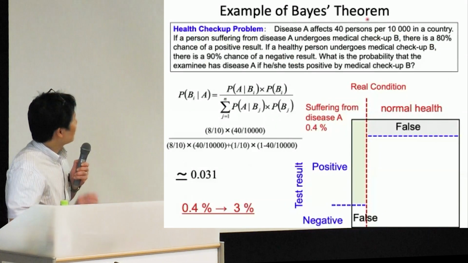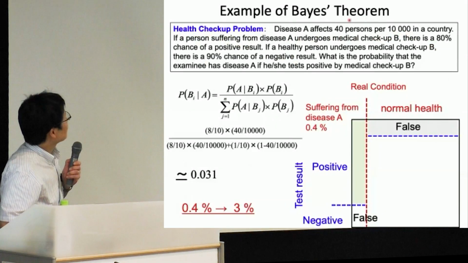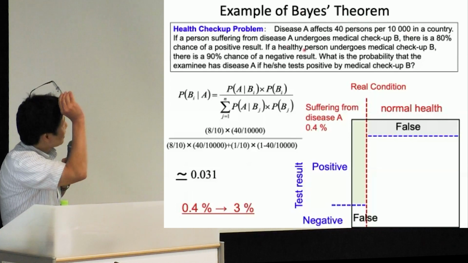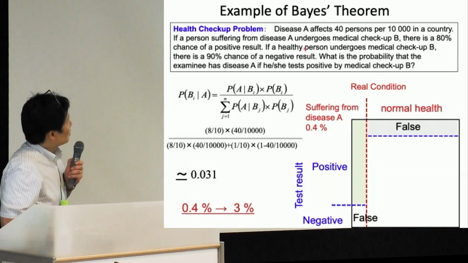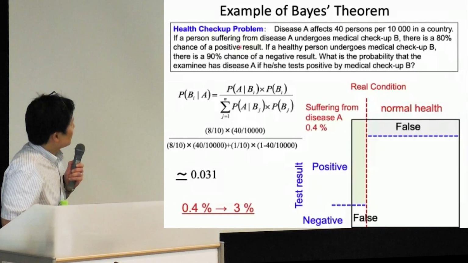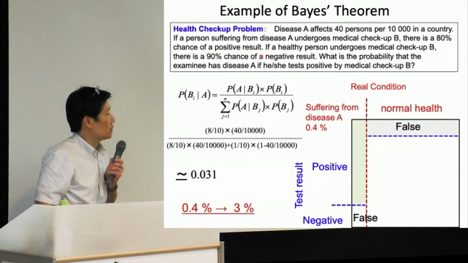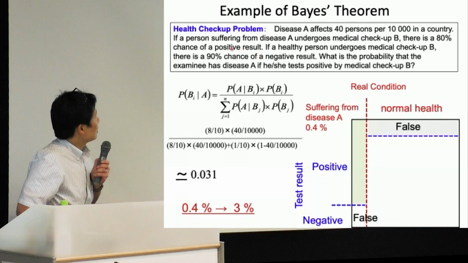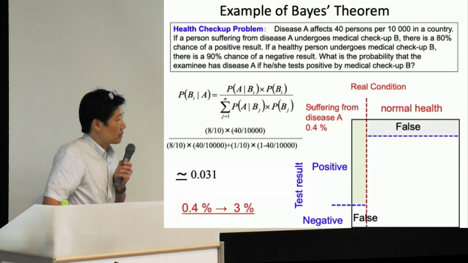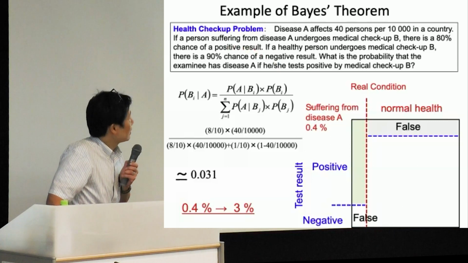Then, if a person suffering from disease A undergoes a medical checkup, there is an 80% chance of a positive result. So for 80%, this test gives a correct answer.